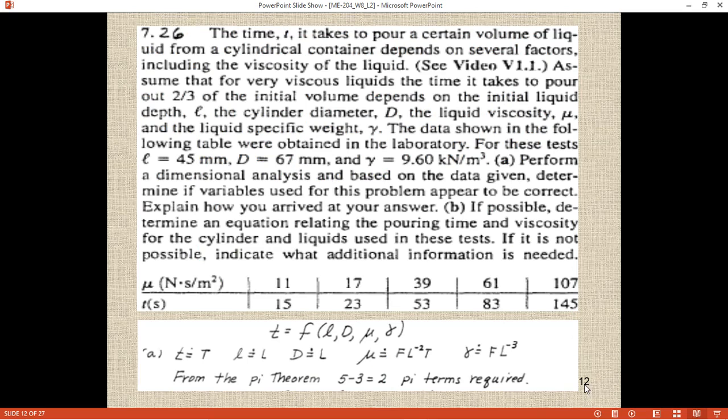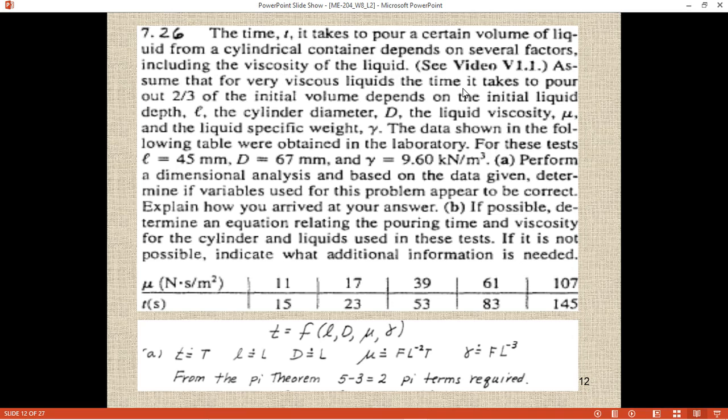The time t it takes to pour a certain volume of liquid from a cylindrical container depends on several factors, including the viscosity of the liquid.